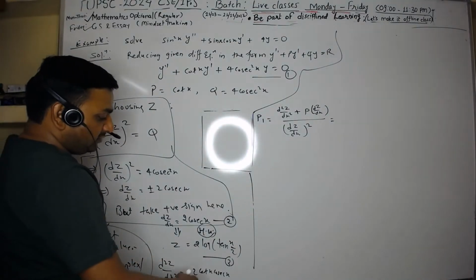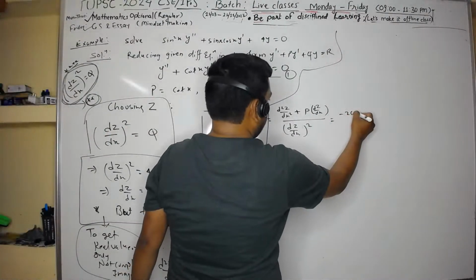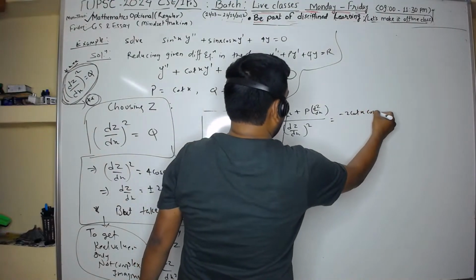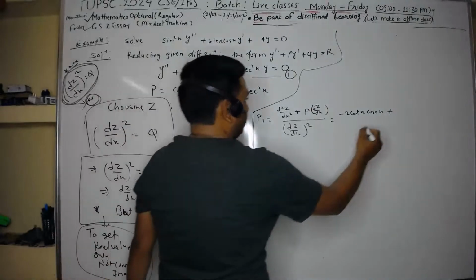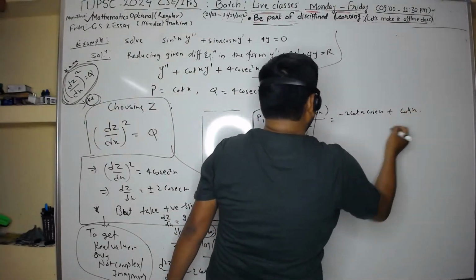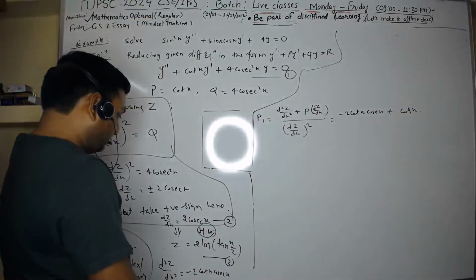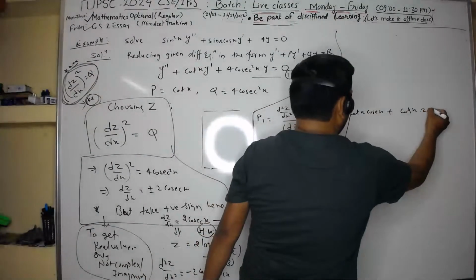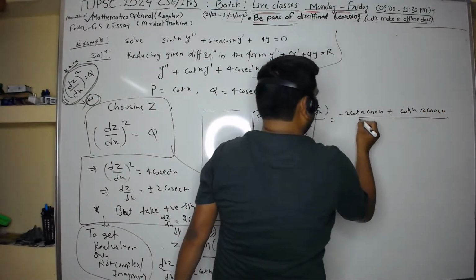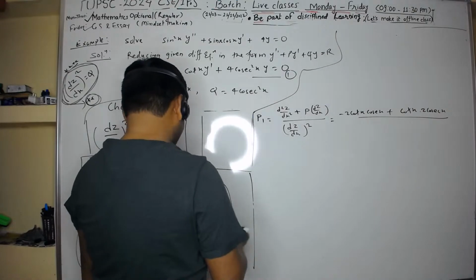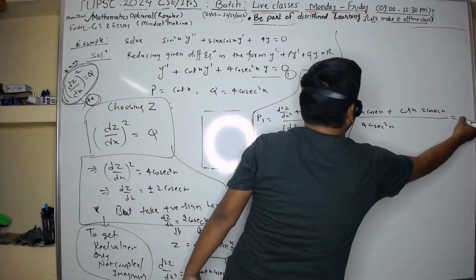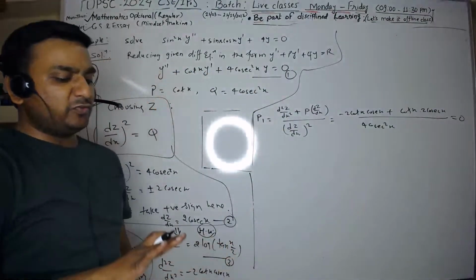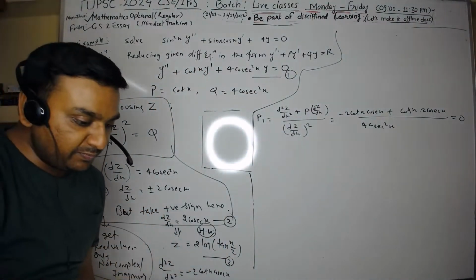Minus 2 cot x cosec x, plus what is P here, my dear? Cot x. What is dz over dx? 2 cosec x. Right? Upon 4 cosec square x. The values will be so easy, so simple.